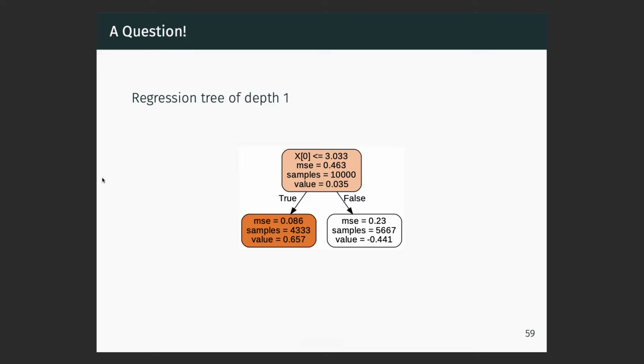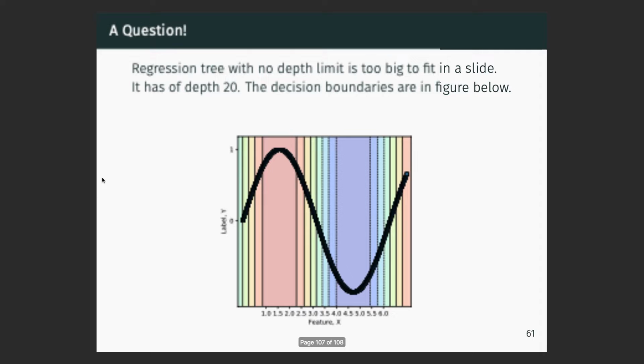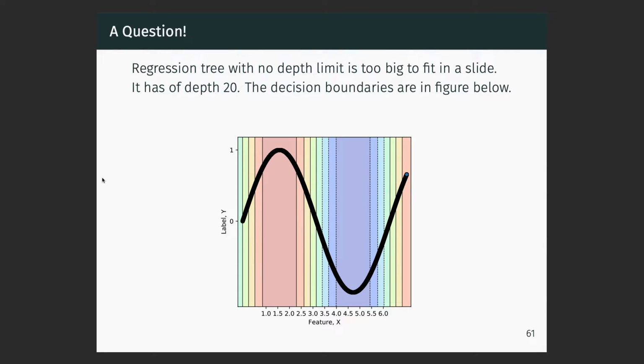If we were looking at a perfectly symmetrical system and we were splitting at the midpoint, then the values would be equal and opposite. If we increase the number of levels, we will see something like the following. These are the kind of split points that we have. Interestingly, you will see that the troughs and the crests have a broader region where we don't have any splits.